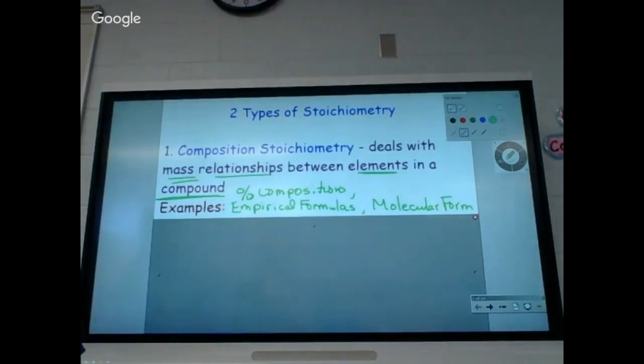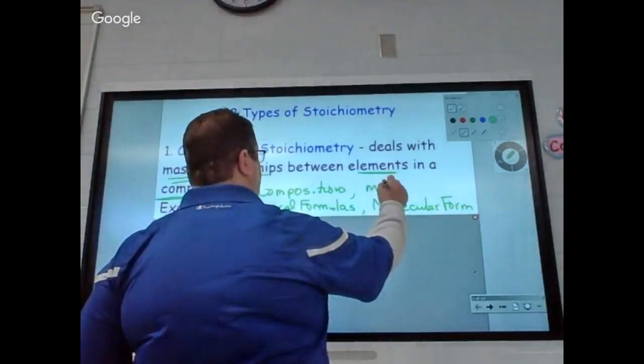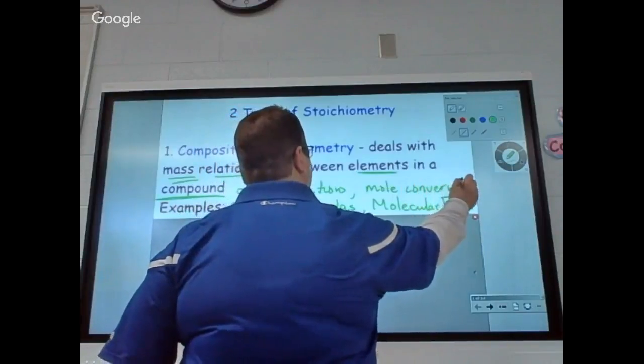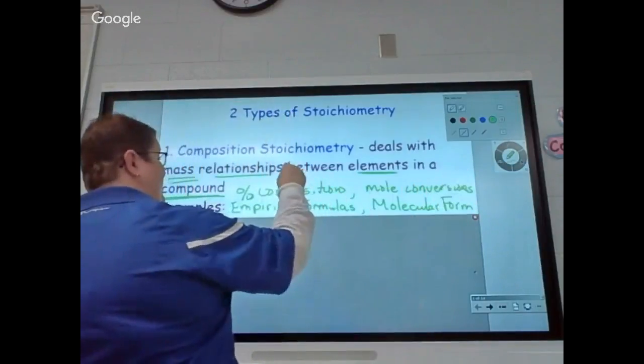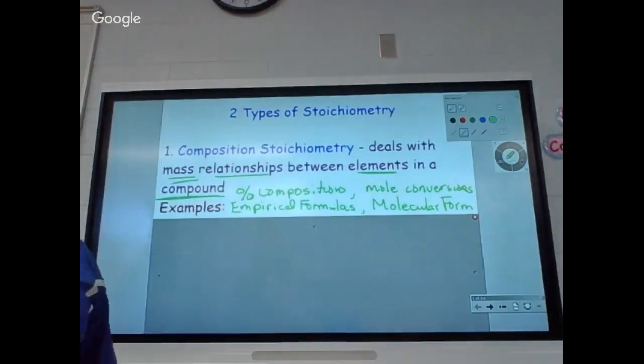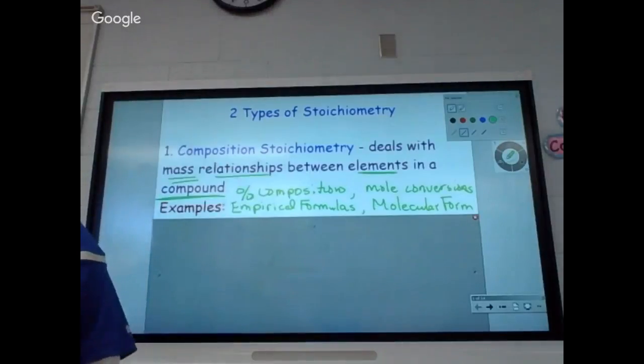Well, you could certainly use the chart, sure. We could talk about mole conversions, but that wasn't the one I was looking for. We used it to do this and this. What do we have to add up to find a percent composition or molecular formula?